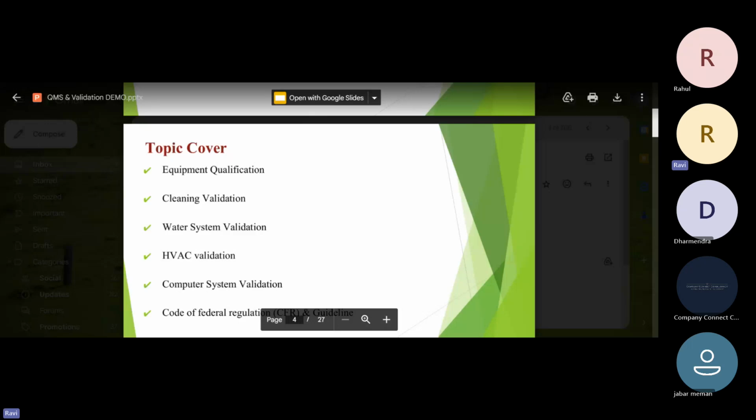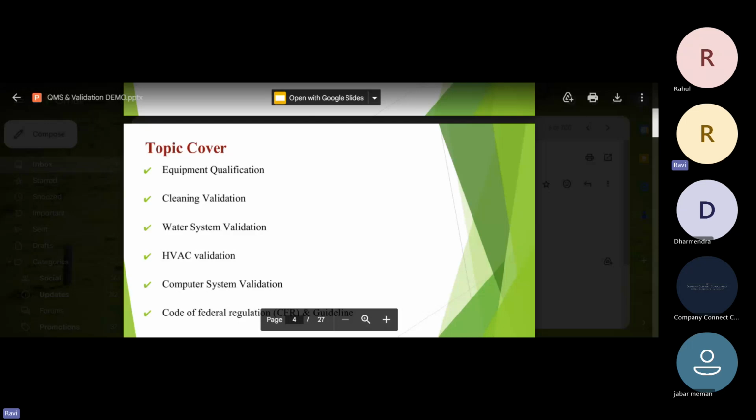These are the equipments we are using in the manufacturing facility. Before using that equipment, we need to qualify the equipments as per regulatory authority and as per our in-house procedures. We need to qualify each and every equipment used for the manufacturing or packaging of the product. It is a GMP requirement.